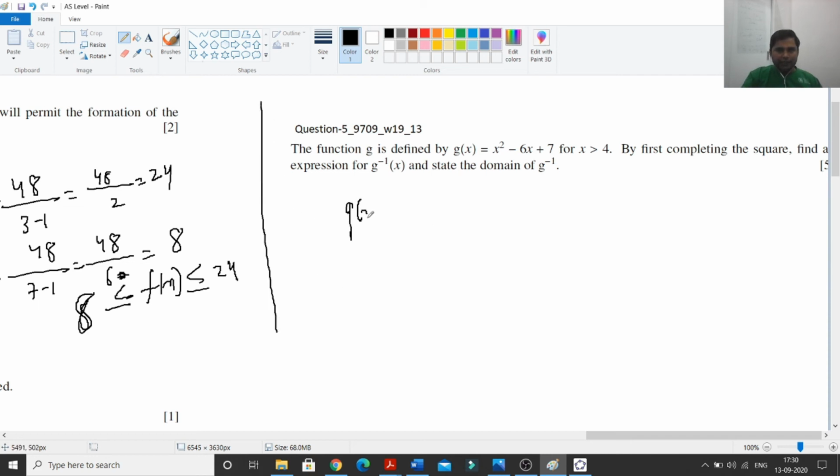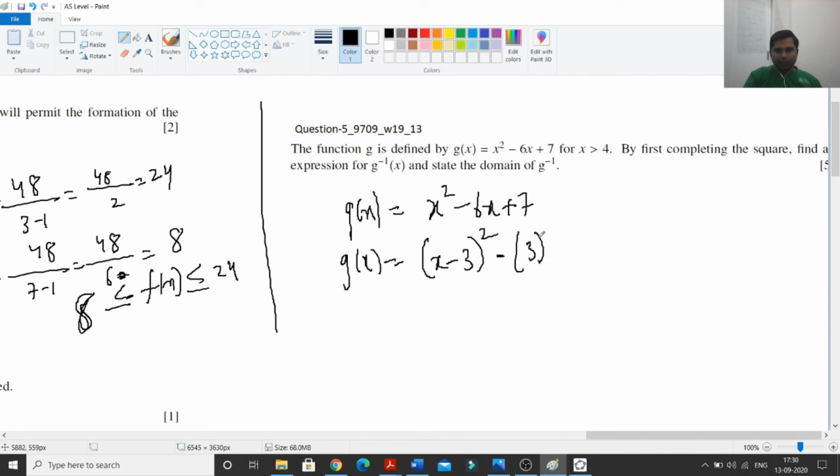So g(x) is x squared minus 6x plus 7, and if you use the completing square method, you can write it like this: x minus 3 whole squared, because 6 divided by 2 is 3, negative of 3 squared, plus 7. So g(x) will give you x minus 3 whole squared minus 9 plus 7.